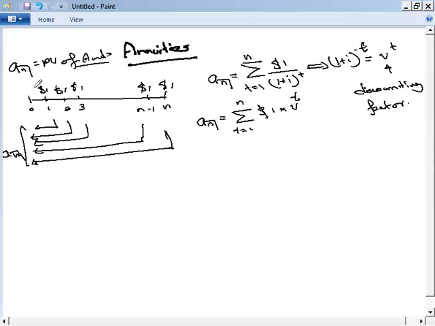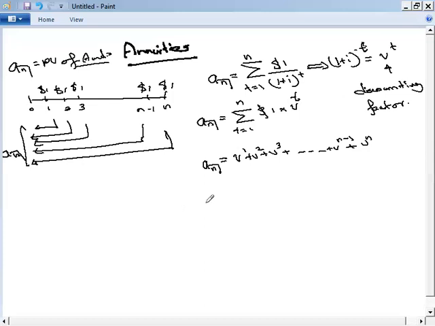For the first cash flow it's v^1, for the second one v^2, and likewise. Since the cash flow is only $1, we can straight away write it as v^1 plus v^2 plus v^3 and up to v^(n-1) and finally v^n.